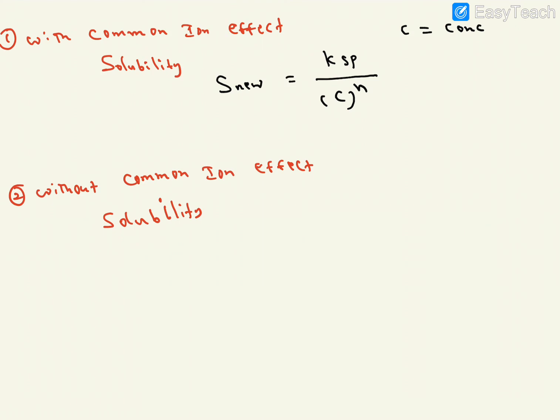Very clear here, C is nothing but concentration, whatever concentration is given in the question. And the next one, n, is also very clear here: the number of common ions in the sparingly soluble salt.